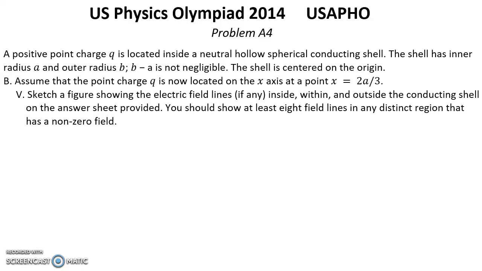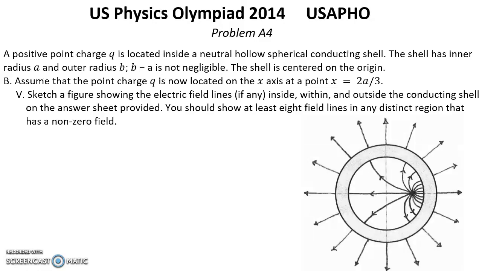Obviously, the electric field will be spherically symmetrical outside the shell when r is greater than b, must be 0 inside the shell between a and b, and the field lines must terminate perpendicular to the surface of the conductor. That's the picture for these electric field lines, and this is the answer for question 5.